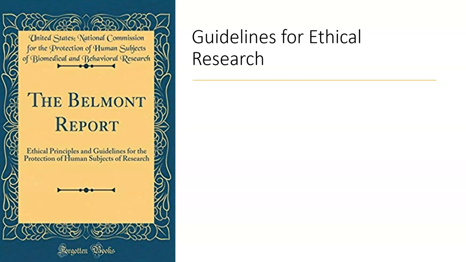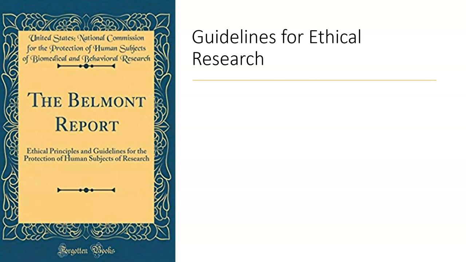Now, I mentioned that the impetus for this movement to have real ethical reviews started with lots of changes post-World War II, where we're looking at really protecting the rights of people when they're involved in biomedical and behavioral research projects. The founding document is called the Belmont Report, and it established the ethical principles and guidelines for protecting human subjects.